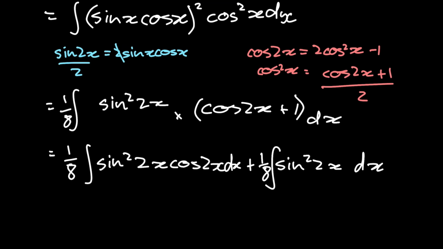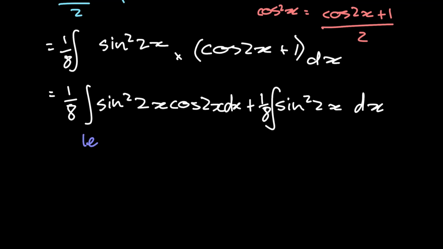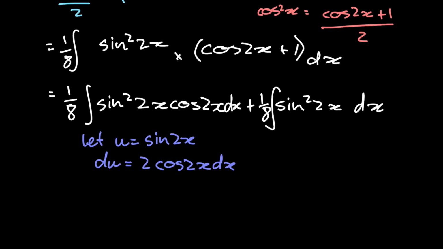Okay, so for the integral on the left, we're going to let u equal to sine of 2x. So then the derivative of u in terms of x is going to be cosine of 2x, and then using the chain rule, we do the derivative of what's inside, which is the derivative of 2x, so times by 2, and that's dx.